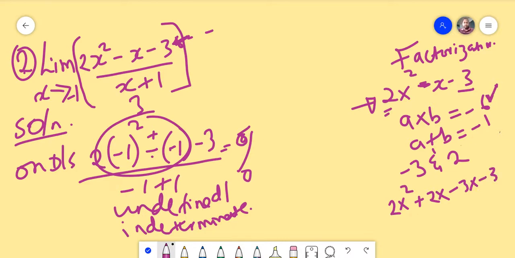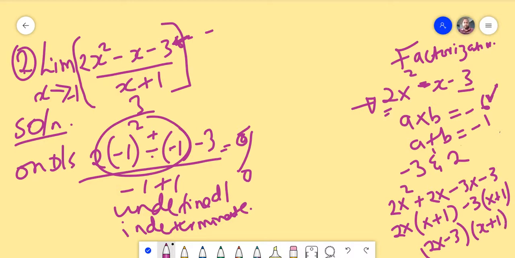Then we can factor out 2x here, and we will have x plus 1, and then you can factor out minus 3 here, such that you will have x plus 1. So here we'll have 2x minus 3 into brackets x plus 1. So that's what we have, isn't it?